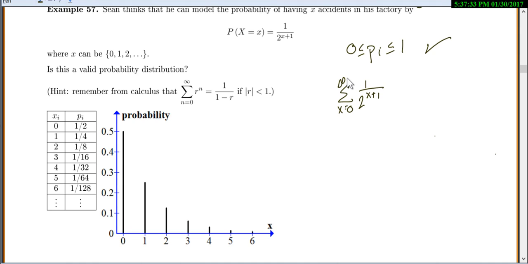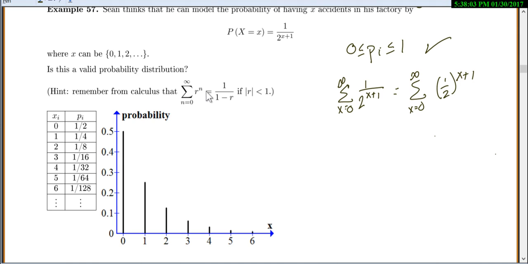Now in this class, we assume that you remember everything from your calculus classes. And you can remember that if you have the sum of r to the power of n, it's going to be 1 over 1 minus r, as long as the absolute value of r is less than 1. So what we'll do is we'll come back and rearrange this just a little bit. We'll say this is the same thing as 1/2 to the power of x plus 1.